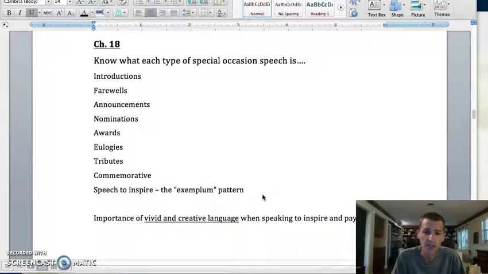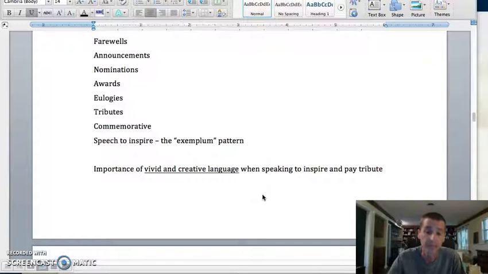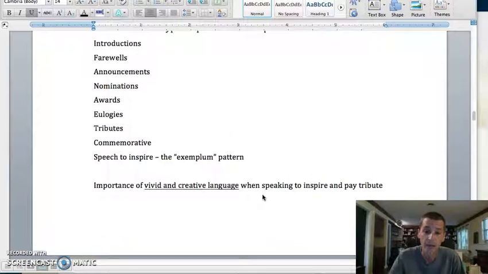So this is just a pattern or a technique that persuasive speakers use specifically for speeches to inspire, where you might start with a quote and then tie the whole speech around that quote or idea and keep linking back to it throughout. Finally, to wrap up Chapter 18, just understand the importance of using vivid and creative language in inspirational and tribute speaking. That's what I'm going to be looking for in that final speech.